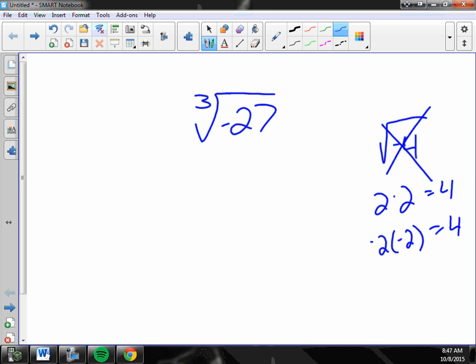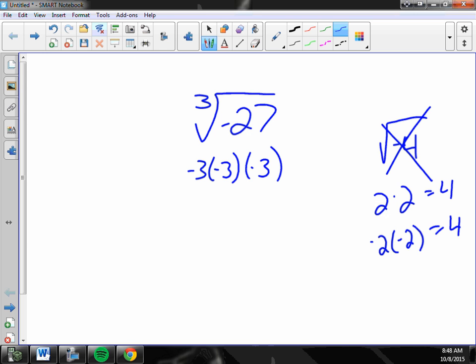Later it will work. In the near future it will work. Okay, but are there 3 numbers that multiply to be negative 27? Yes. Why? Right. An odd number of negatives does create a negative. An even number of negatives does not create a negative.